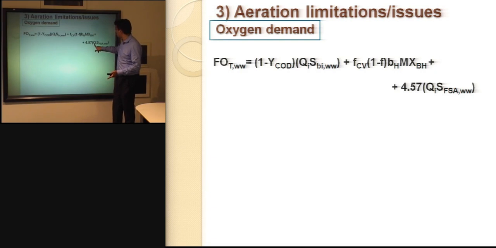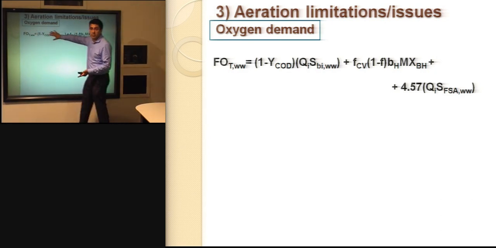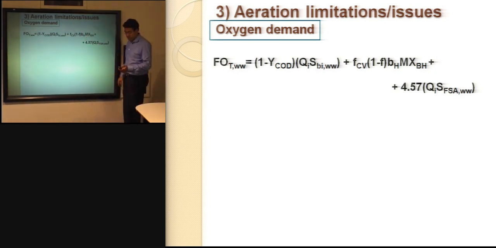Basically, the influent flow rate times the concentration of free and saline ammonia, and the 4.57 milligrams of oxygen needed to oxidize every milligram of ammonia. These are the oxygen requirements before fecal sludge is treated.